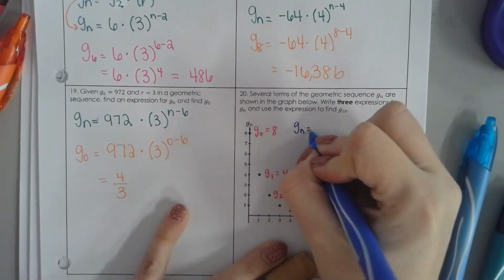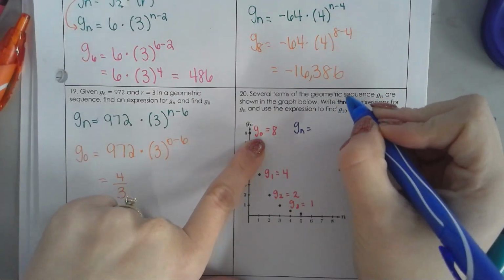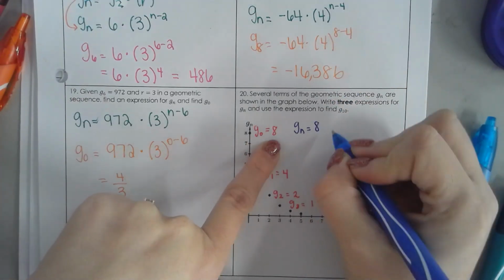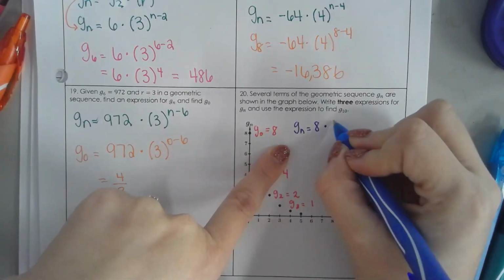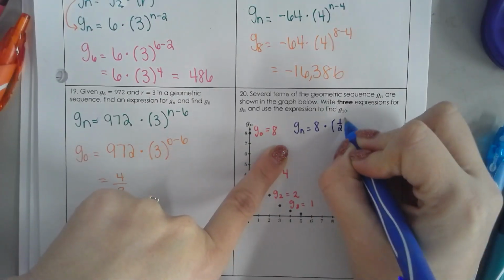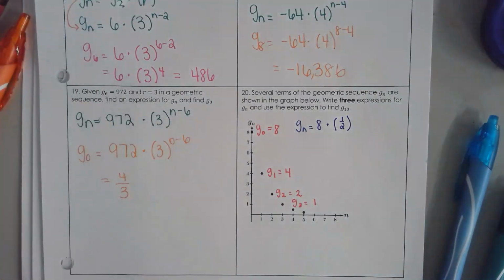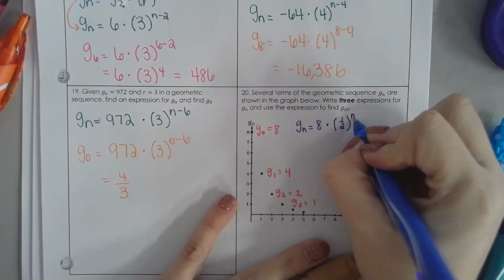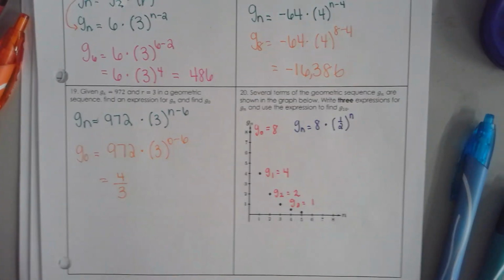Gn equals, so instead of using G1, I'm going to use G0, which is 8, times the ratio we said was 1/2, because from one point to the next, the y values are multiplying by 1/2. And then to the n minus 0. You can put n minus 0 or just put n.